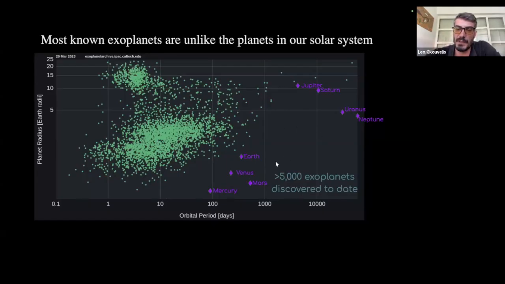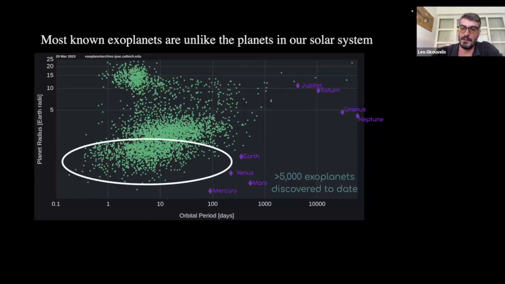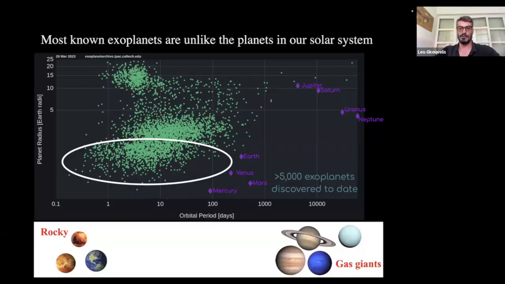The second one is that this sample here, it's the more rocky exoplanets that I'm going to concentrate on in this talk. I'm working with all the planets, by the way, but I'm particularly interested in these smaller ones with around the size of the Earth. But another thing I wanted to focus on is how misleading the solar system was for us. You see, in the solar system, there is a clear dichotomy in the population of planets.